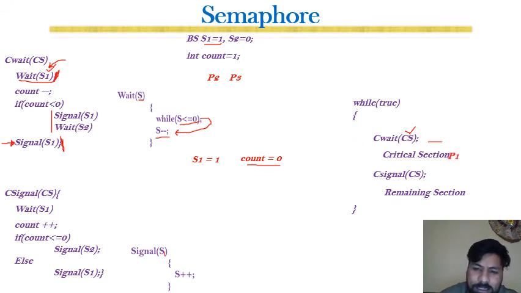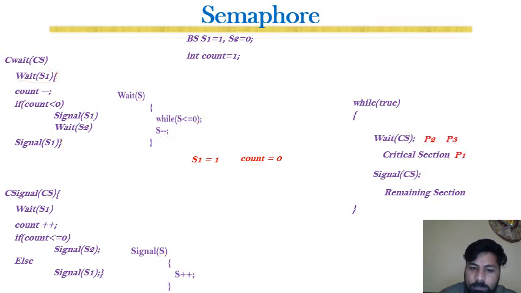Now P1 is in the critical section, and P2 and P3 also want to enter their critical sections, so they must execute wait calls. P2 and P3 both call cwait, and now for example P2 enters the wait function on S1.